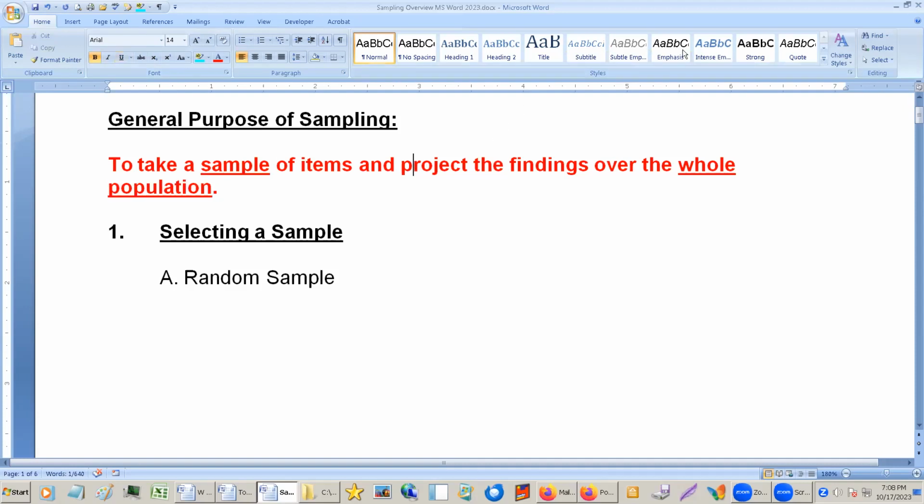And we do this because you can actually get a very high level of confidence around something by taking, a lot of times, a very small sample relative to the entire population, and then projecting over the population as a whole.